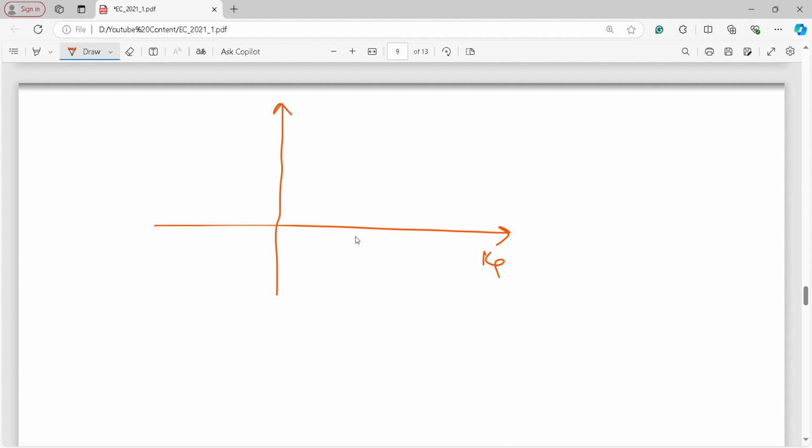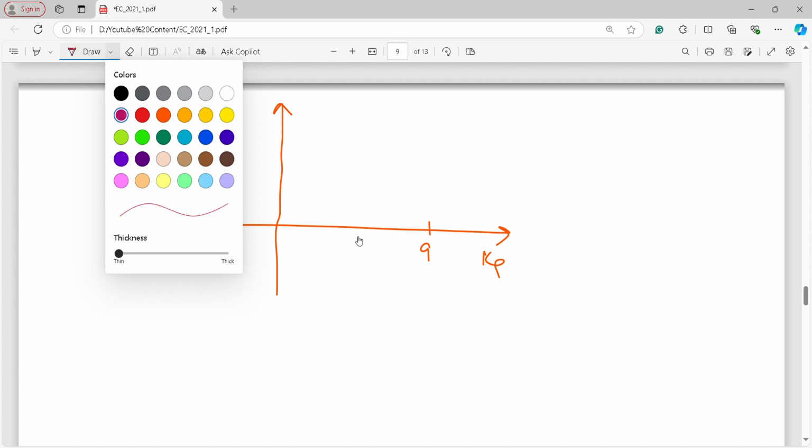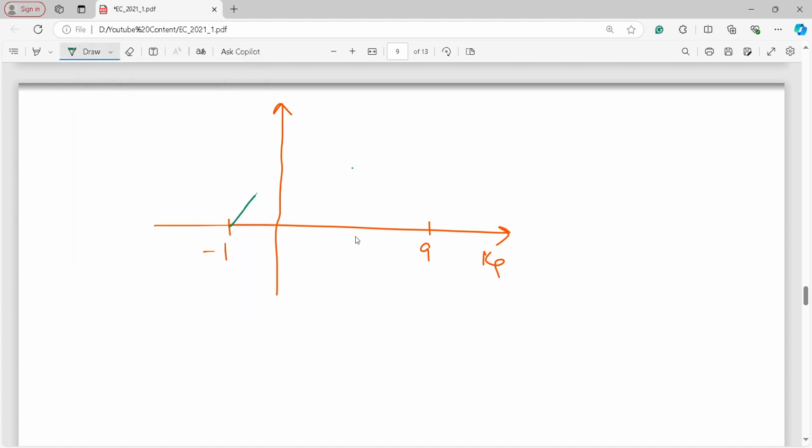The kp range would be minus 1 to plus 9, because this is a quadratic equation, and ki is always greater than 0 between minus 1 and 9, and 0 at those points. Let us draw it again.